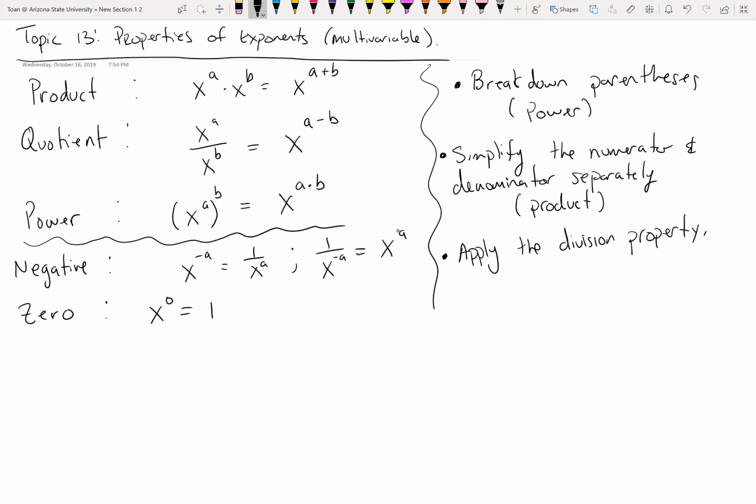So how does it change if you have multiple variables? Just focus on one variable at a time. Do not mix the letters. If the letters are different, you can't do anything with them.